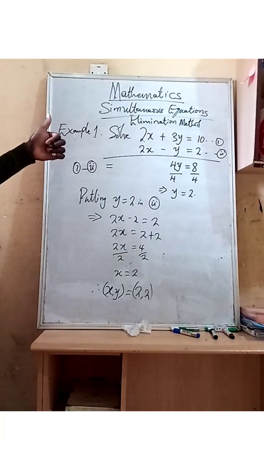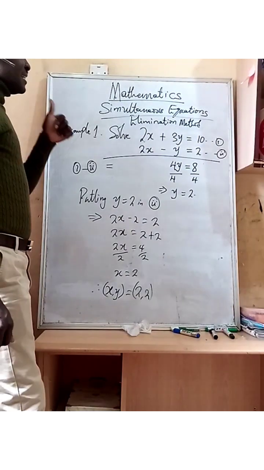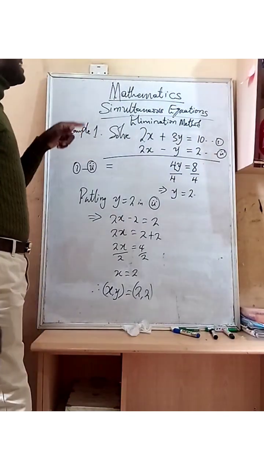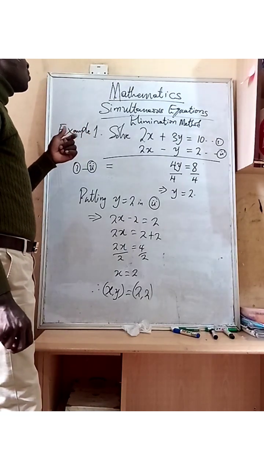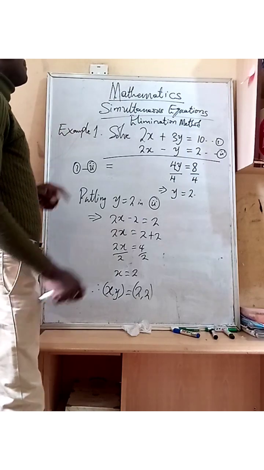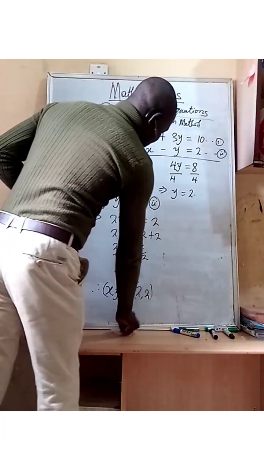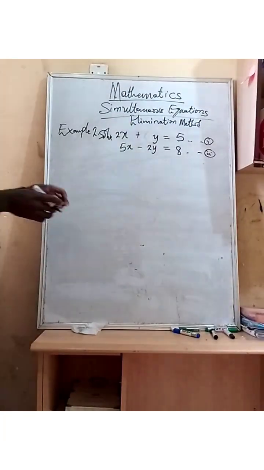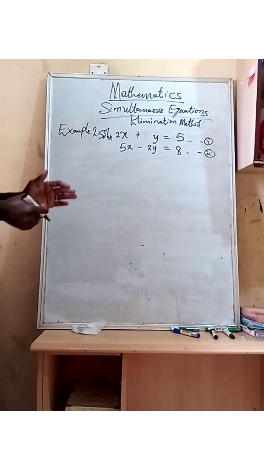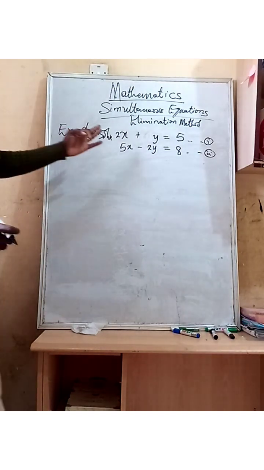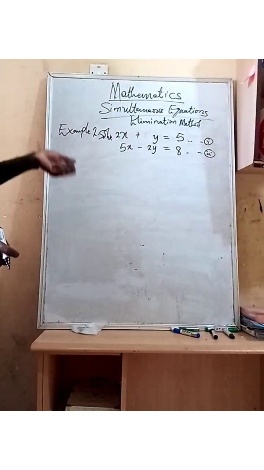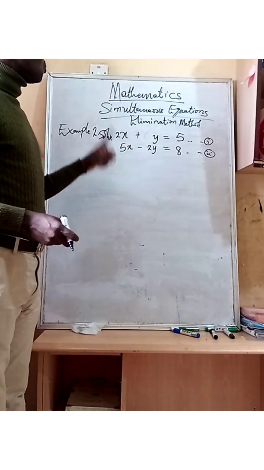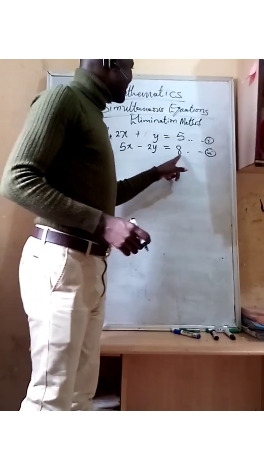So I'll solve another one, in which case the coefficients are not necessarily equal in both equations, but then we will still apply the elimination method. So if we are given something like this, 2x plus y equals 5, equation 1, and 5x minus 2y equals 8, equation 2.